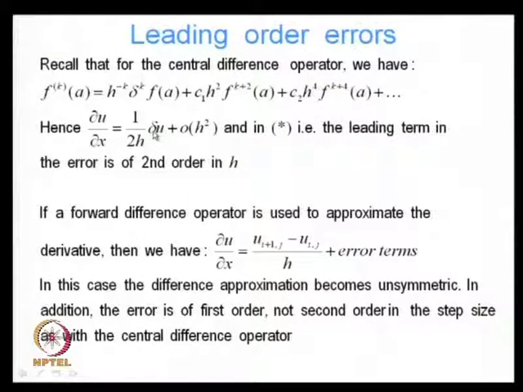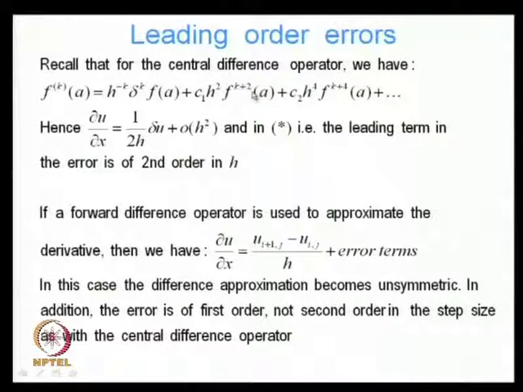So, del u del x is equal to 1 by 2h times del u plus a term of order h square. Because if we put k equal to 1, that tells me the derivative involves h to the power minus 1. So there is 1 by h, del u, again 1 plus order h square.